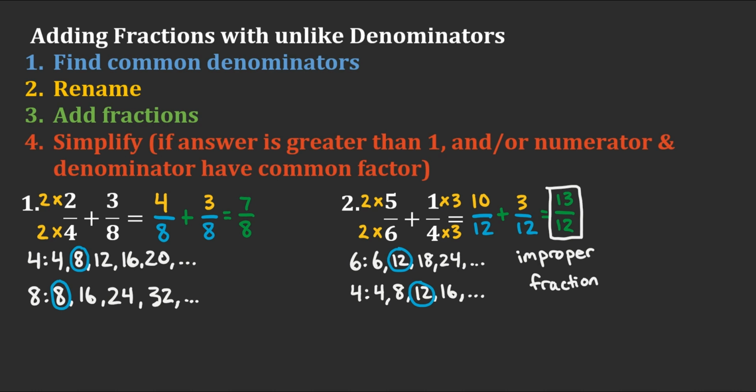Now, when we have an improper fraction, that is the right value, but we usually try to simplify it to a mixed number. Okay, and a mixed number, or at least how we would change it, is by taking out all of the whole pizzas or whole chocolate bars, and then if there's anything left over, we will attach it as a fraction at the end. Well, our denominator is 12, which means there are 12 pieces of pizza in one whole pizza. If we ate every single piece of the pizza, that would be 12 pieces because there's 12 parts per whole.